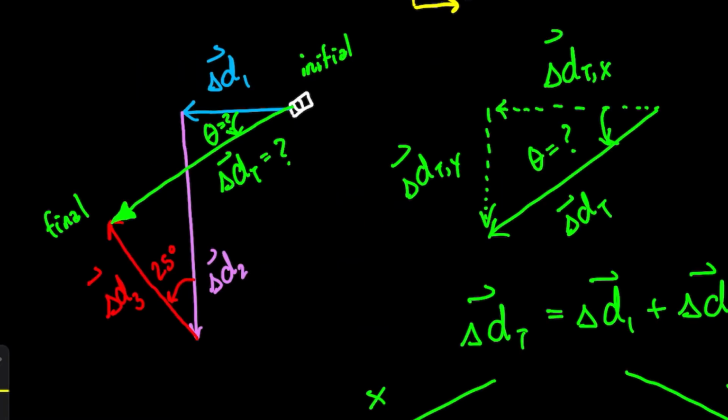Now it does look very complicated at this point, but recall that to get the individual components of the total displacement, we add the individual components of the other displacements. What do I mean by that? Notice that if we go back to our diagram, along the x, we have delta d1, and we add to this delta d3x, the component of it, because delta d2 was only pointing downwards, so we didn't include it here.